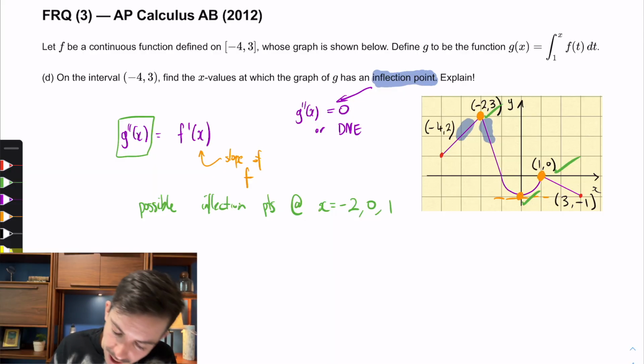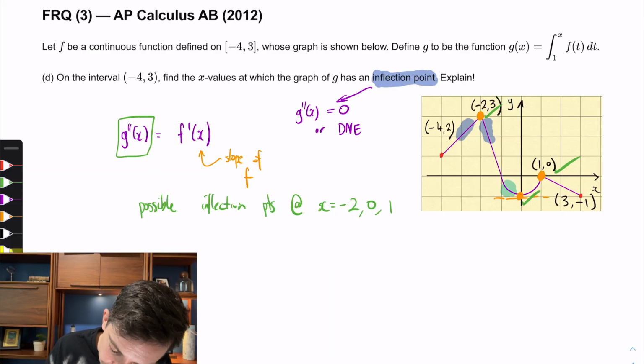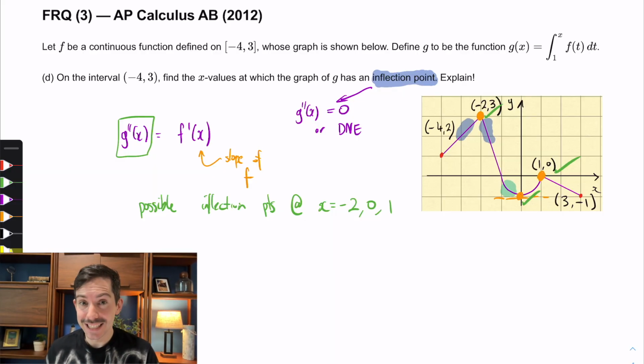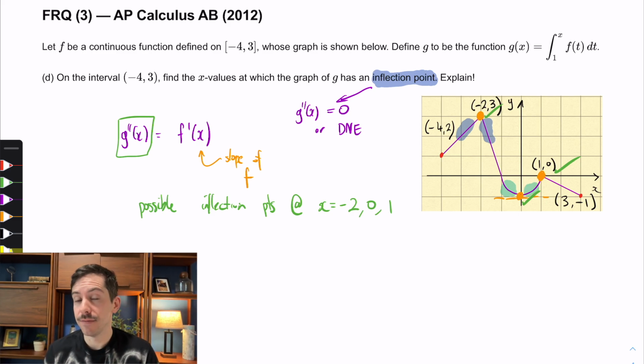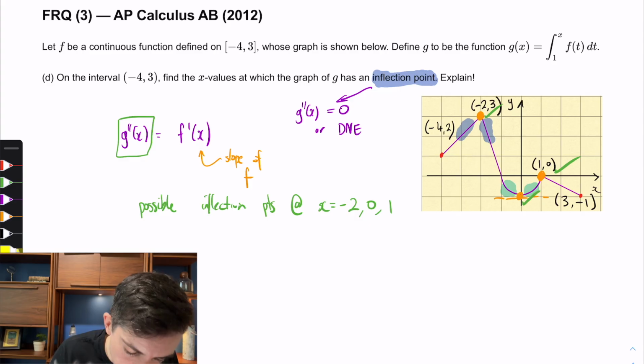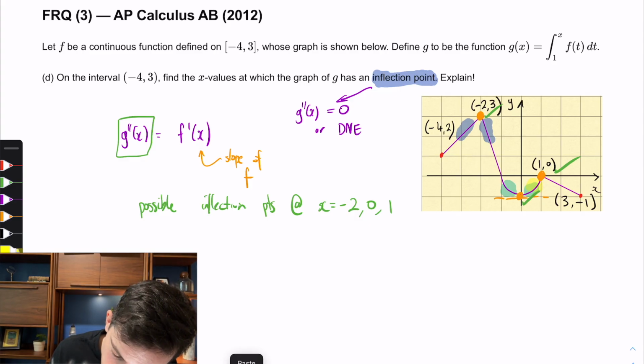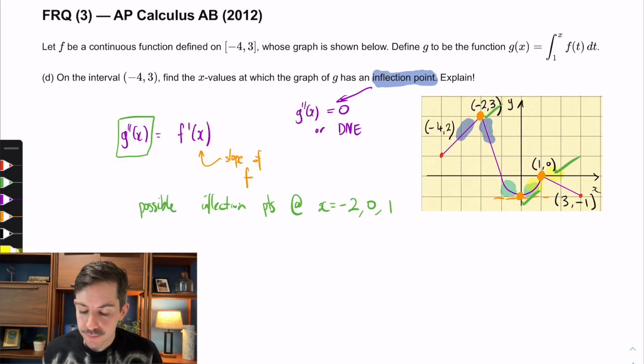Similarly, if I look at x equals 0 on the left, f prime is negative because f is sloping down. On the right-hand side, f is sloping up, so f prime is positive. Again, my g double prime is changing sign. And similarly, over here at x equals 1, f prime is positive because f is increasing.